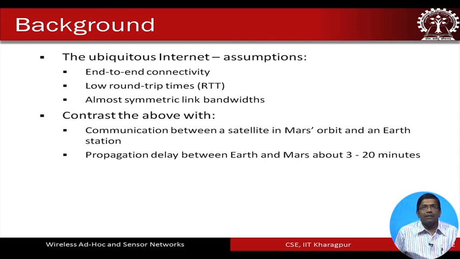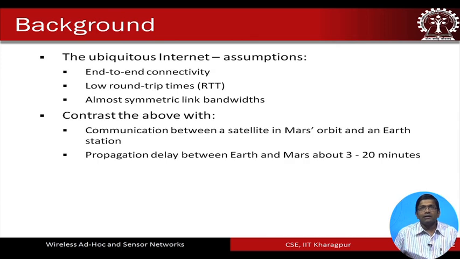If we think about the ubiquitous internet, the internet that we are using currently, the internet has certain assumptions with which it works. First of all, the very fundamental assumption is the existence of end-to-end connectivity in the internet.